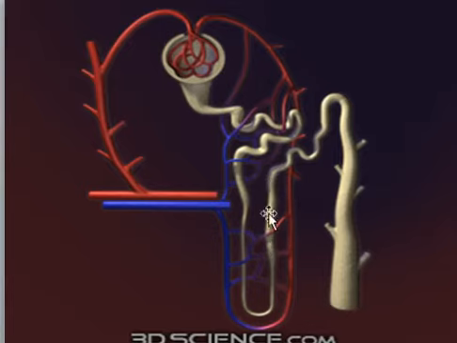Then comes the straight part of the distal tubule and the convoluted part of the distal tubule, and finally the collecting duct.